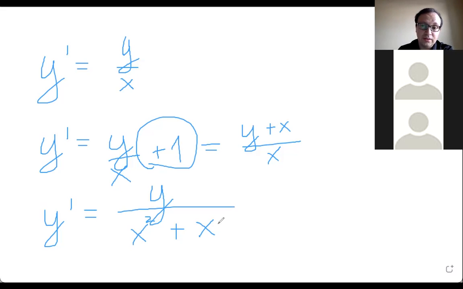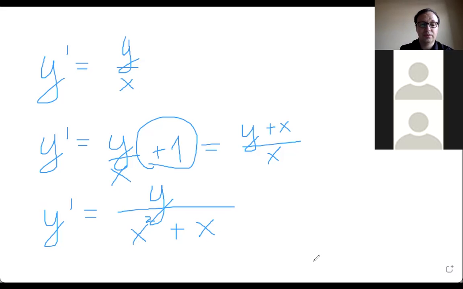But on the other hand, this equation is not of homogeneous type because you see the right-hand side is the quotient of two functions, one of which is homogeneous of degree 1, but the other one of which is not homogeneous. Okay. So I think these three examples are enough.